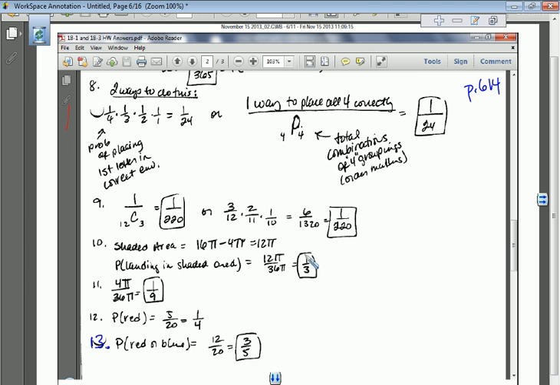8 through 13. 10 and 11. Okay, number 10 and 11 are both talking about a picture we can't see right now. So, let me see if I can snip that picture so we can talk about it.